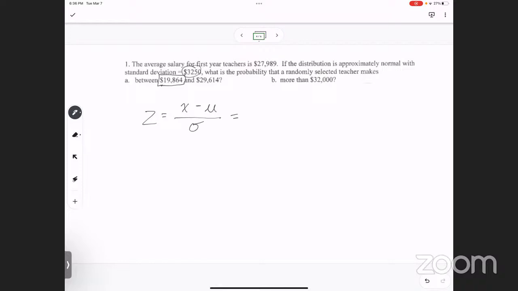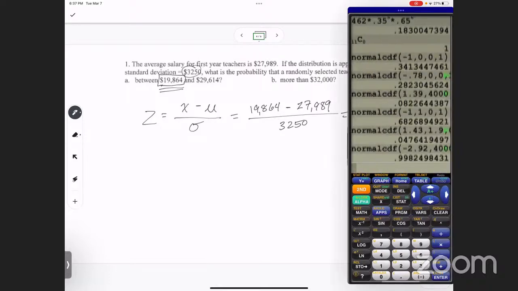Okay. So my observed value, the z-score for this one, I'll do that in black, would be 19,864 minus the mean, which is 27,989, divided by the standard deviation, which is 3,250. That's going to be my z-score for that first one that I circled in black.